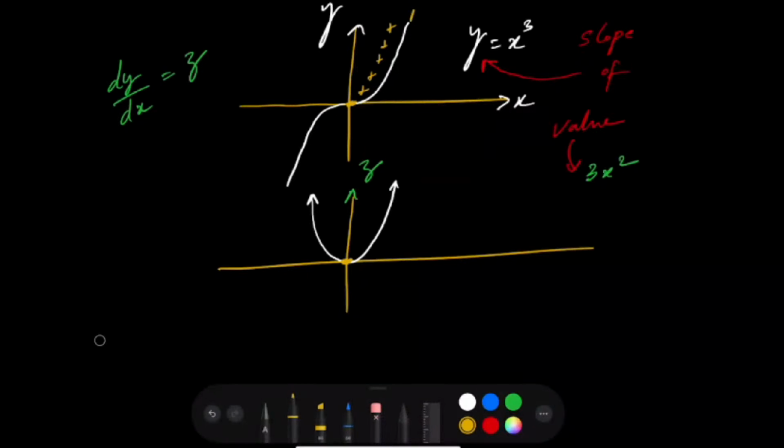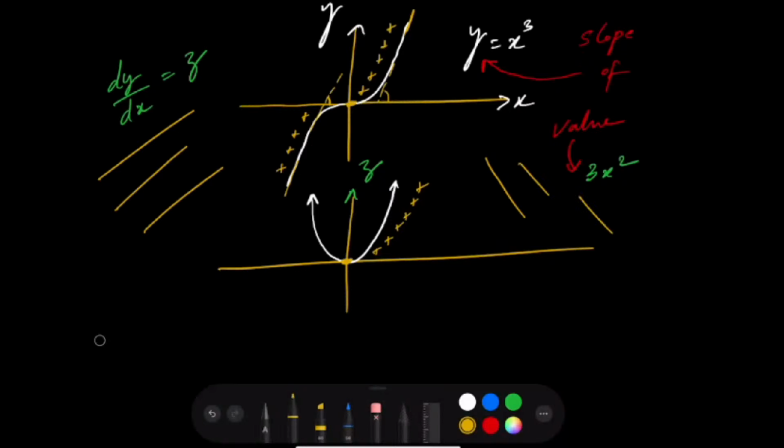Why? Because if you draw a tangent, it will make an acute angle with the x-axis. So slope is positive, here value is positive. And here also slope is positive. If you draw a tangent here, it will still make an acute angle. All the lines that look like this will have positive slope.